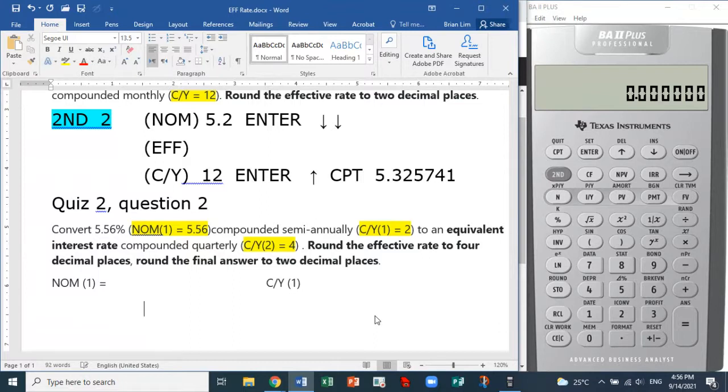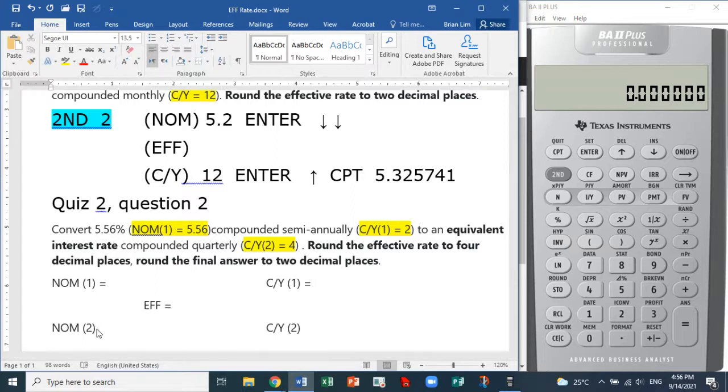We will have the effective, and effective is equal to something. And we come down here and then we have the nominal 2, and with that, we can come over here and have this CY2. All right, so here we go.